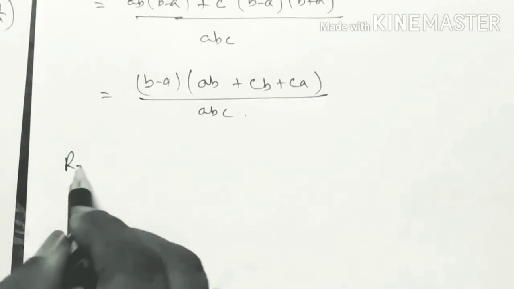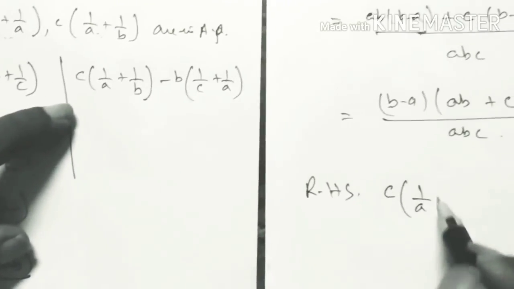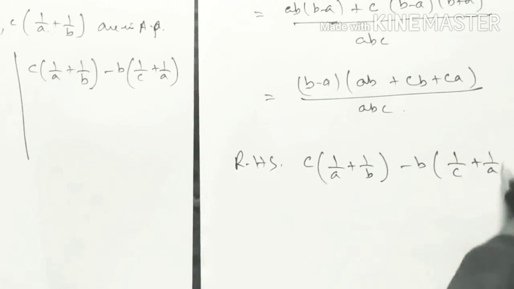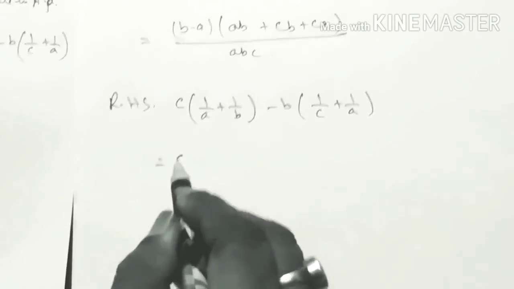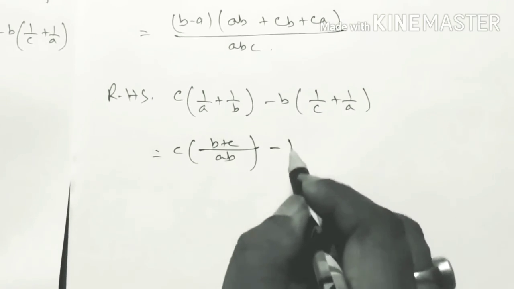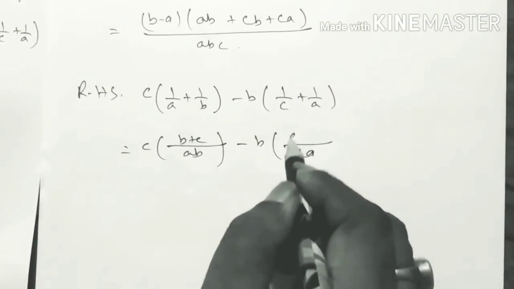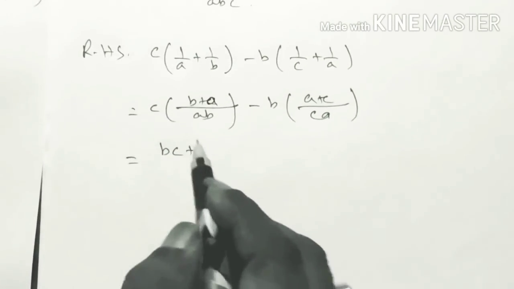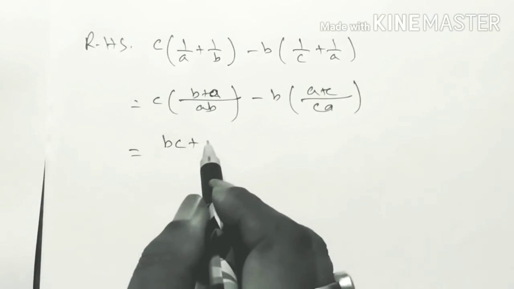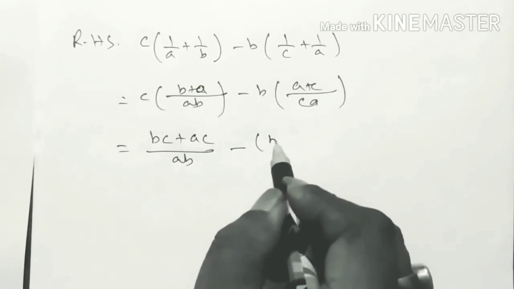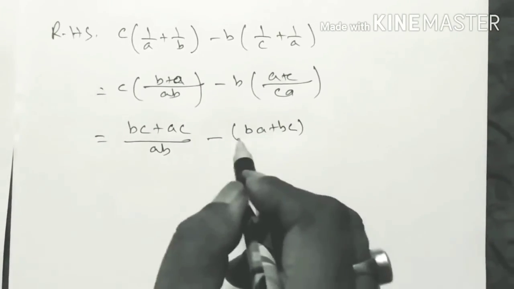Now I'm going for right hand side. Here right hand side, that is C bracket 1 by A plus 1 by B minus B bracket 1 by C plus 1 by A. So this is equal to here C, LCM is AB, B plus A, and minus B. Here LCM is CA, A plus C. This will be equal to, a slight mistake, this is A. So BC plus AC by AB and minus this is BA plus BC by CA.